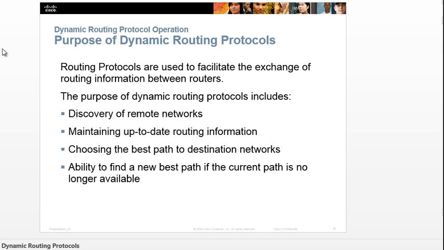So the purpose of a dynamic routing protocol is to facilitate the exchange of routing information between routers. Basically, this includes discovery of remote networks, maintaining up-to-date routing information, choosing the best path, that's a really important one, and then the ability to find a new best path if the current best path is no longer available, or if for some reason the metric has been changed on it to have a higher cost.